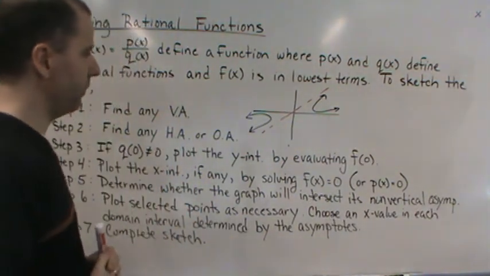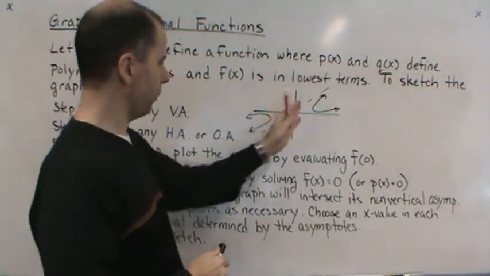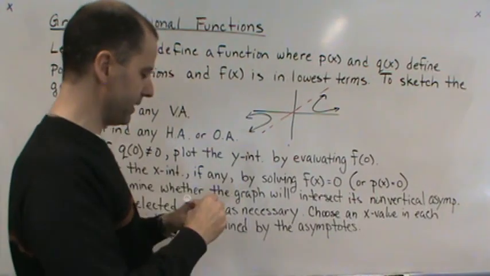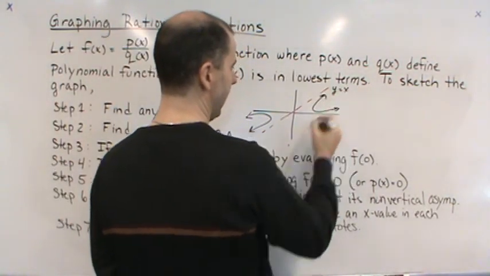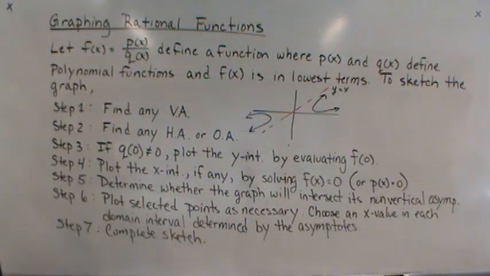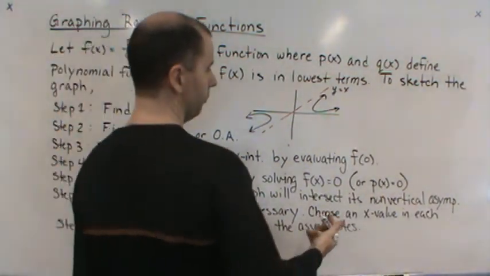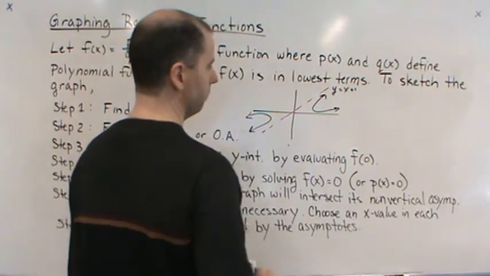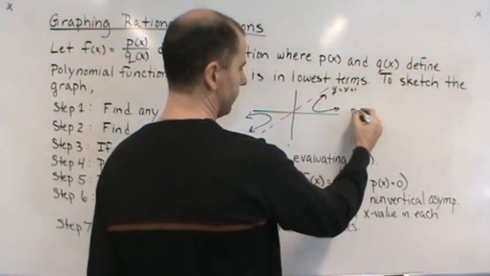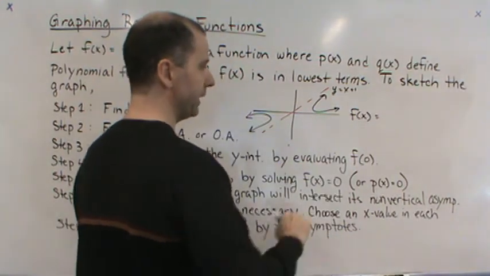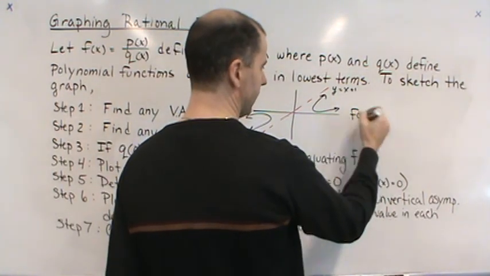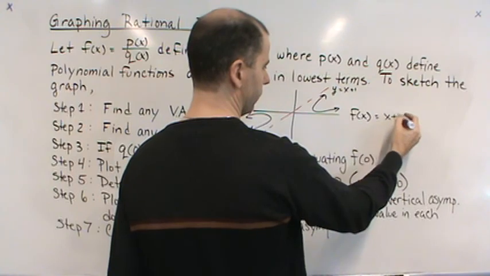If you want to determine whether the graph crosses an oblique asymptote, and let's say this is y equals x, or even x plus 1, what you would do is set the function f of x equal to the oblique asymptote, which would be, in this case, x plus 1.